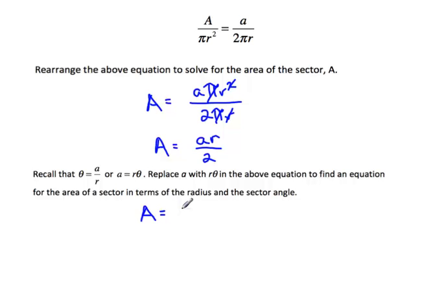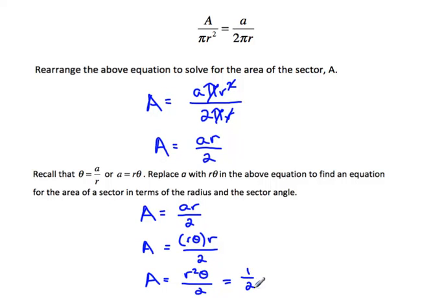So the area of the sector is equal to a times r over 2. Replacing the arc length with the radius times theta, we get r theta times r divided by 2, or A is equal to r squared theta over 2, sometimes written as a half r squared theta.